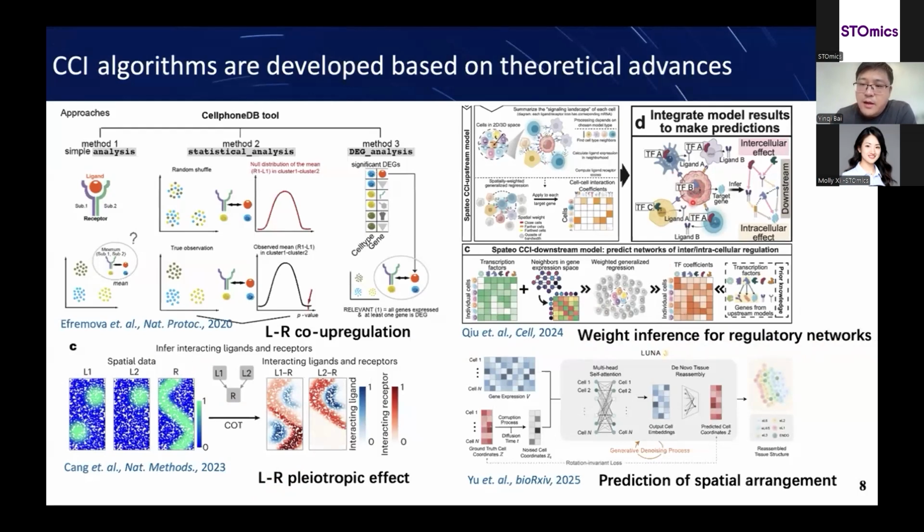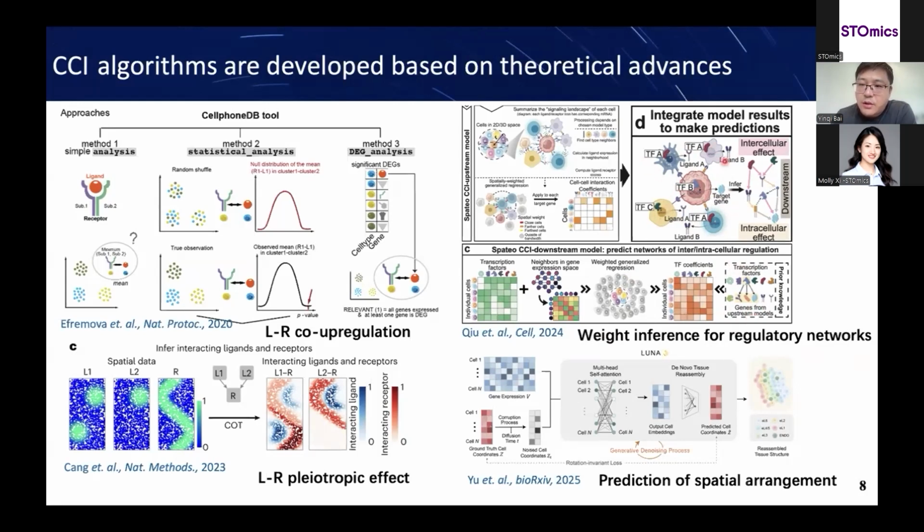For the target cell, we just predict all the expression pattern of this cell, or we call that cell profiling, or the RNA profiling of this cell, by calculating the neighboring cells and the ligand receptor weights for these cells, as well as calculating the downstream TFs and the target genes.